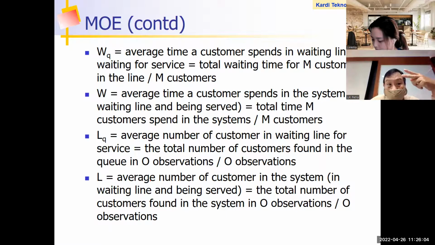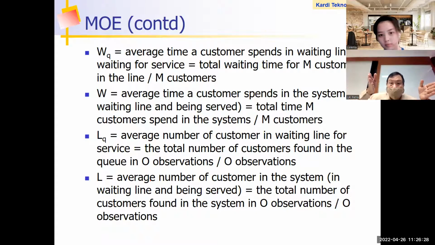There are two types of delay. One is WQ. What is this? The average time the customer spends in the waiting line waiting for the service. W is the average time a customer waits in the system. What's the difference between WQ and W?